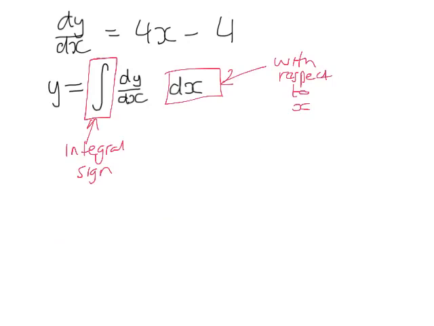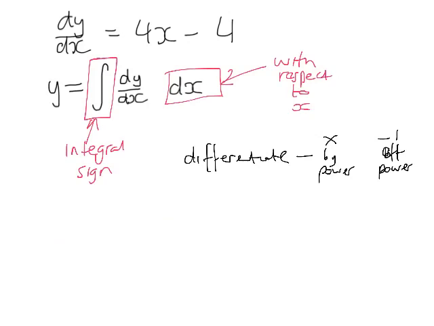And when we integrate, we're going to do the opposite of what we did when we differentiated. So when we're differentiating, we're multiplying by the power, and then we're taking one off the power. So if we reverse that, let's just write that out. We multiply by the power, and then we take minus 1 off the power.